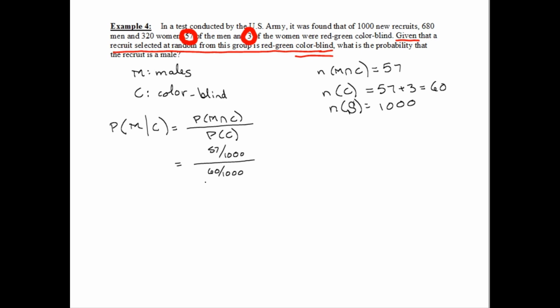So we end up with 0.057 over 0.060, or 57 over 60, which is equal to 0.95. Okay, that's our probability that the recruit is a male, given that the person is colorblind.